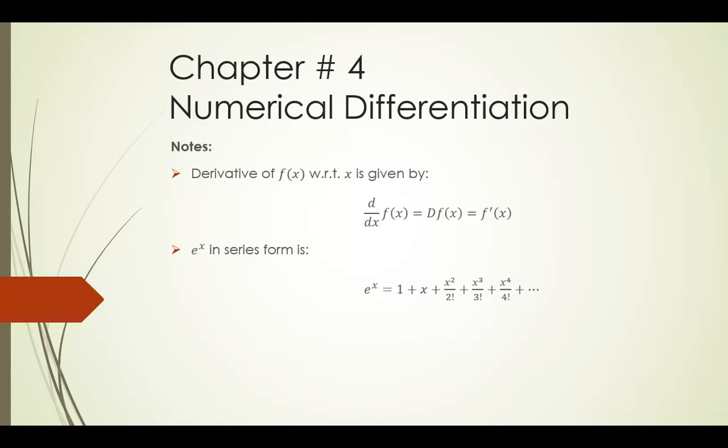Whatever the power of e is, that is x. So if instead of x there is d, replace x by d here. That will be 1 plus d plus d square by 2 factorial plus d cube by 3 factorial, and so on. If the power of e is, for example, hd, replace x by hd. That is the series expansion of e power x, and this expansion is the Maclaurin series expansion.